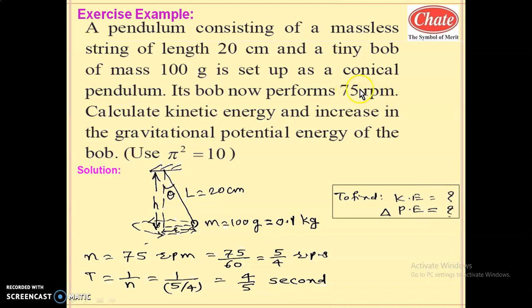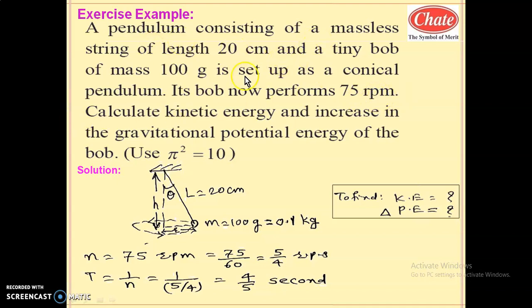This is not SI, so convert it by dividing by 60, because 1 minute equals 60 seconds. It will be 5 by 4, because 75 and 60 are divisible by 15. So 5 by 4 RPS, revolutions per second.